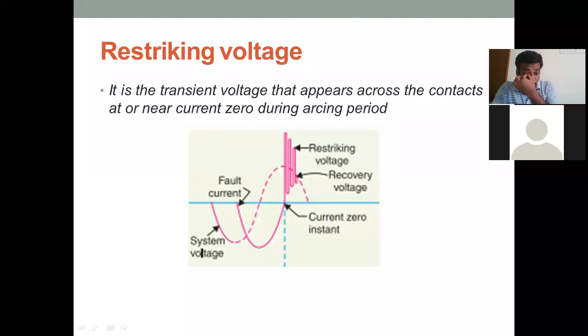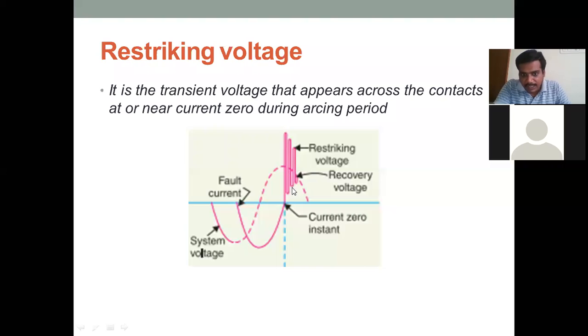Now if a fault occurs, this is the fault current. When the fault current is at zero, as we saw in the previous points, the arc voltage will be low. After that instant, it will start increasing to the peak, and then it will come back to the normal sinusoidal voltage.